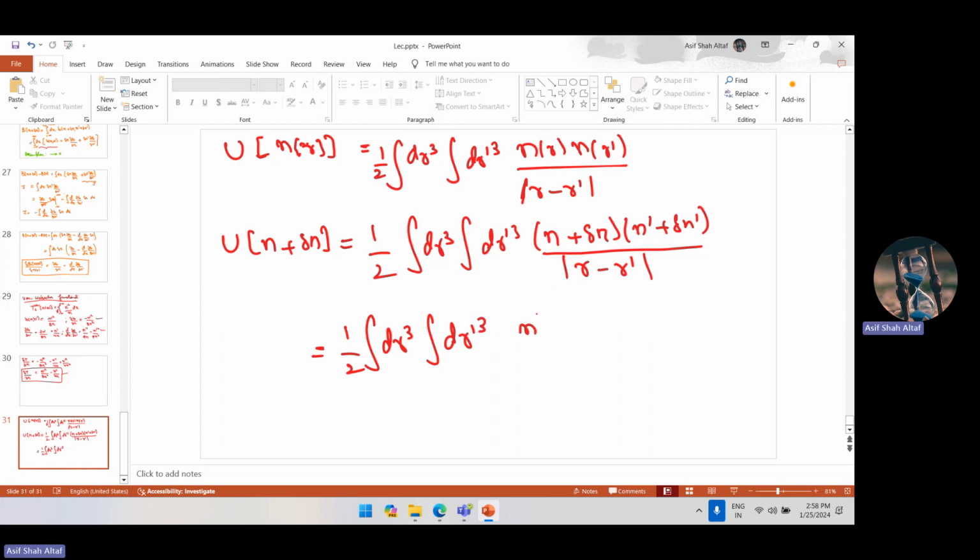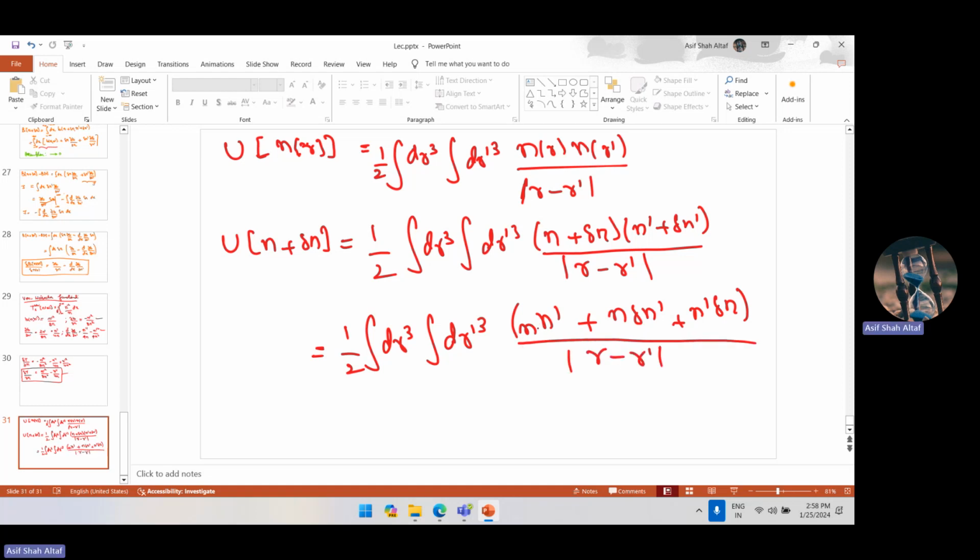So this thing will give you n dash plus n delta n dash plus n dash delta n, and the last term we can ignore because it will be the second order term, and then you have r minus r dash.